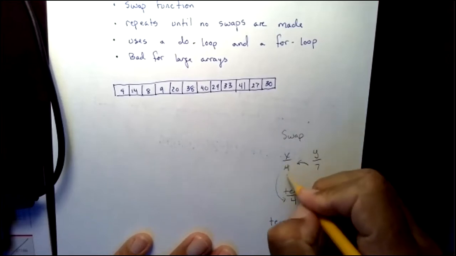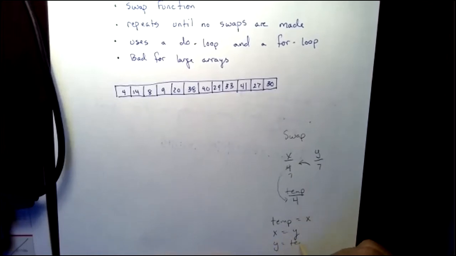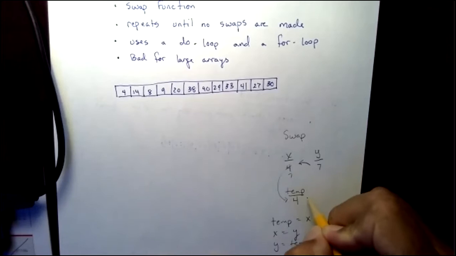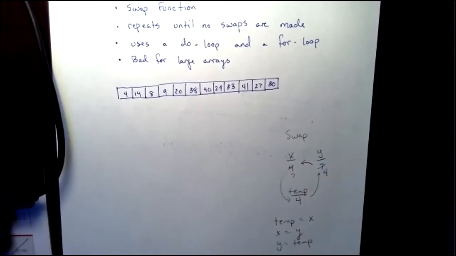So x now becomes 7. And then my last step would be y equals temp. So y would get the value of temp. So it would now be 4. So I needed a temporary variable to hold the value so that I could swap the 3 of them around. So something nice, neat, simple, tuck it away. So that's how I'm going to swap.